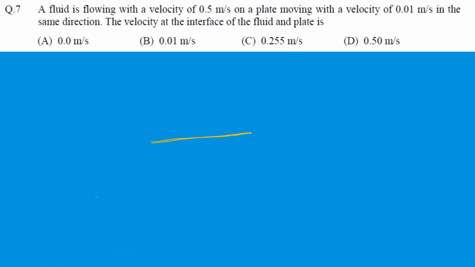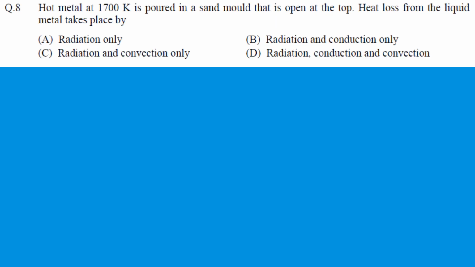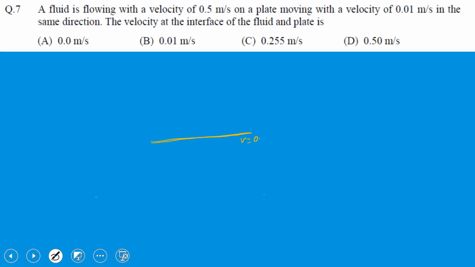This is a plane which is moving with velocity 0.01 meter per second. Okay guys, so a fluid is flowing on this in the same direction. The direction of motion is same.